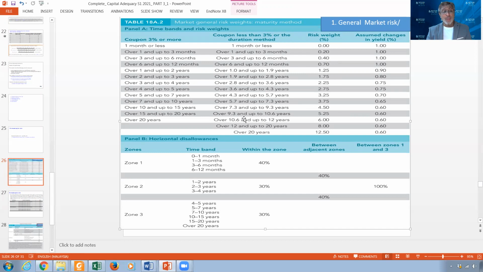Now, they also provide, because there must be some offsetting. Offsetting means there must be what we call the horizontal disallowances and vertical disallowances, which means you have, for example, the positions of the long, which is the assets you are buying now and keeping for the future to sell, which is the asset side.